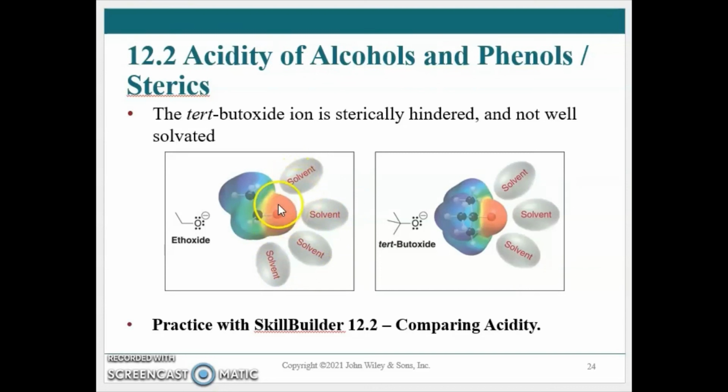So you have the negative charge on the oxygen, you have the positive end of the solvent dipole aligned with that negative charge to stabilize it. You can fit more of these molecules around the negative charge here than you can in the case of the t-butoxide ion. So stabilization is greater. This is lower energy. It's going to be better able to ionize because it's going to be better stabilized in that ionized state.